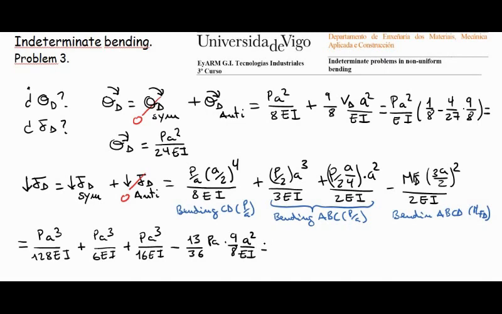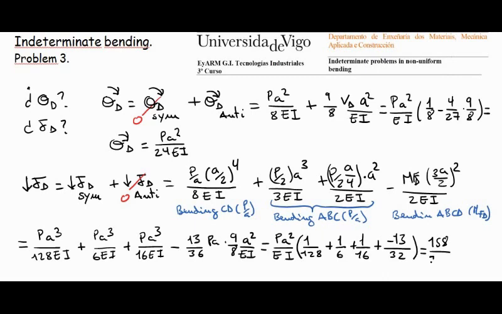and this is equal to PA cubed divided by EI, it is cubed, not squared, A cubed, multiplied by 1 divided by 128, 1 divided by 6, 1 divided by 16, plus minus 13 divided by 36, sorry, 32, divided by 32, because it's already multiplied by 9 over 8.